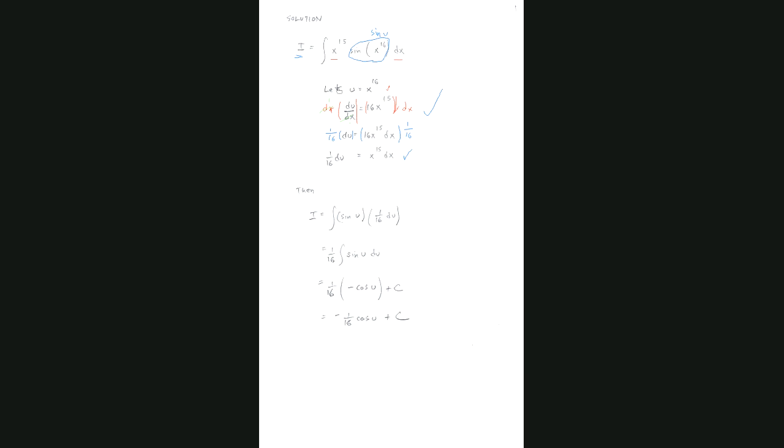So du over dx, that's notation for the derivative. That's Leibniz notation. We're taking the derivative of u with respect to x. And of course, that would then be 16 times x to the 15th.